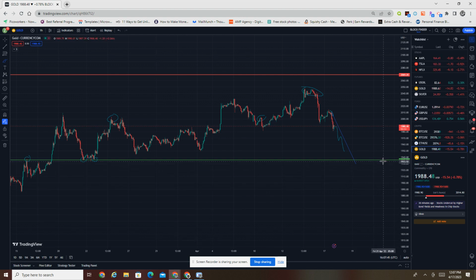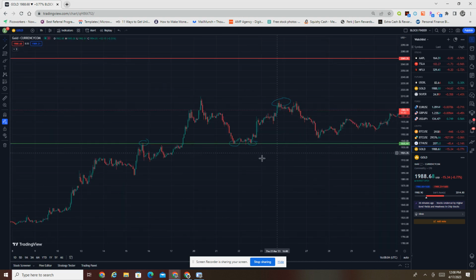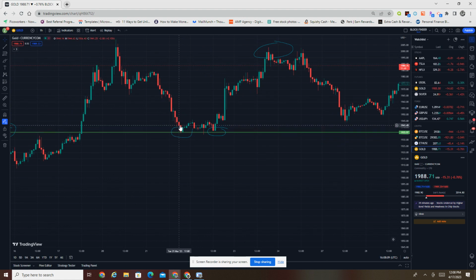I want to see price come around the 1935, 1930 zone. All right, you guys, let's just say 1930, because sometimes price tends to break out a little bit. Now, if we're getting a rejection candle like we saw over here, or a confirmation like this, where we came out of a long downtrend and then popped out with a green candle after all those red candles, this is where I'm going to start considering taking buys.